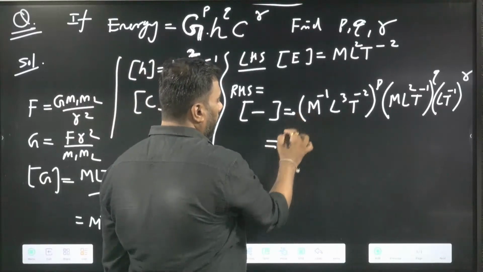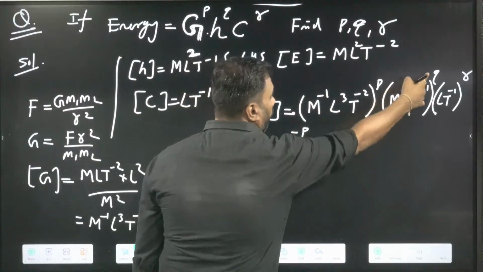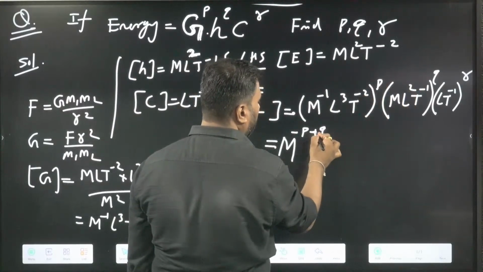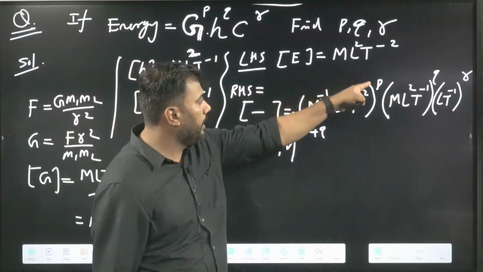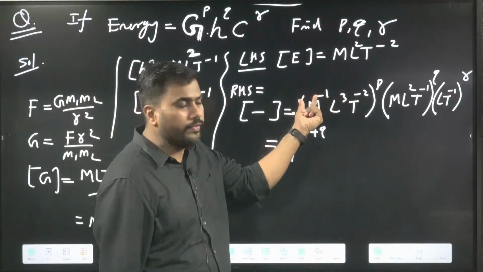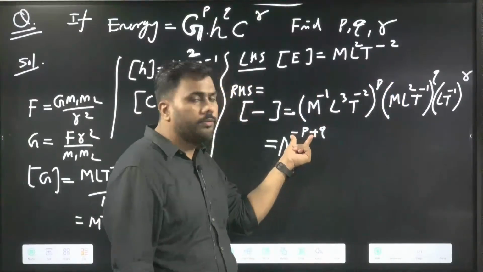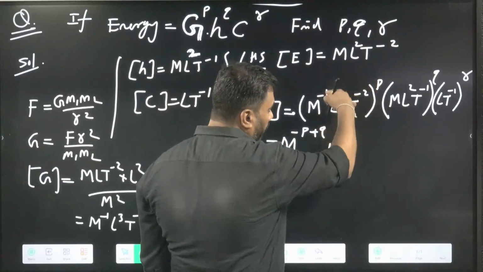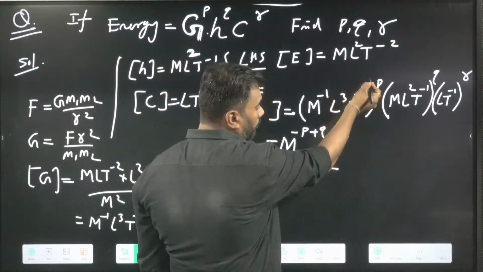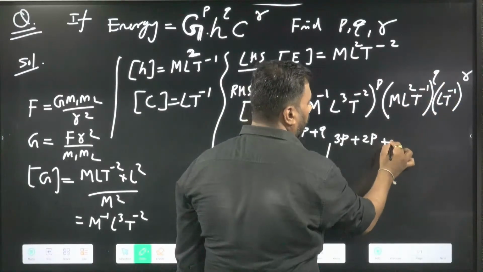The power of M is minus P here, then plus Q here, and the last term does not have M. So the total power of M is minus P plus Q. Length power: 3P, then 2Q, then R.